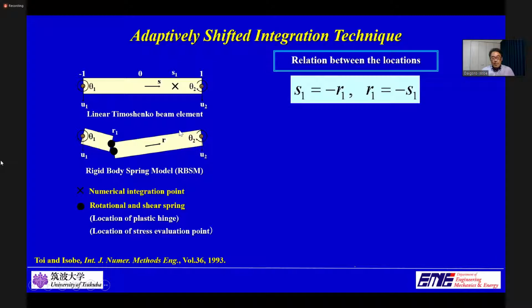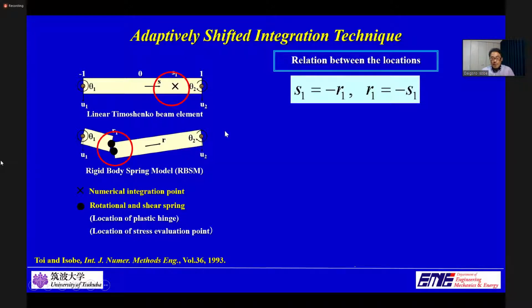When a numerical integration point is located at the midpoint, a plastic hinge can be expressed in the middle of the element. Similarly, a plastic hinge at the left end can be expressed by shifting the numerical integration point to the right end and by reducing the stiffness of this element.